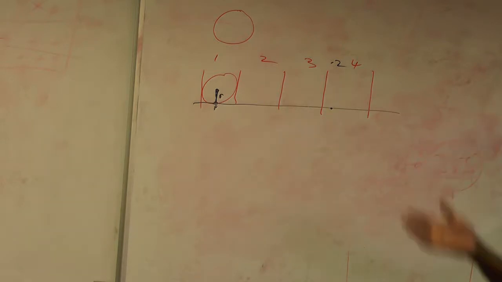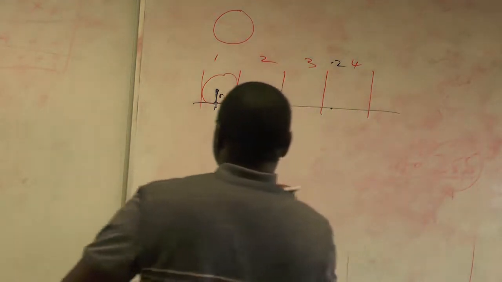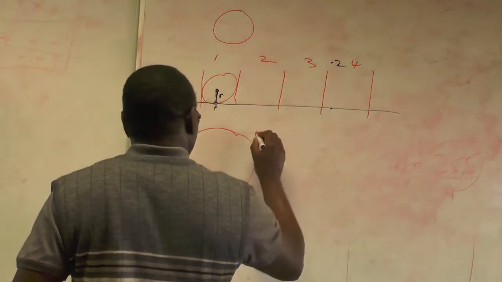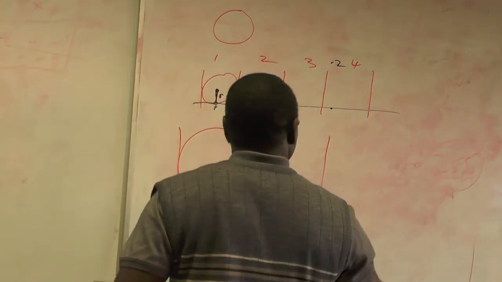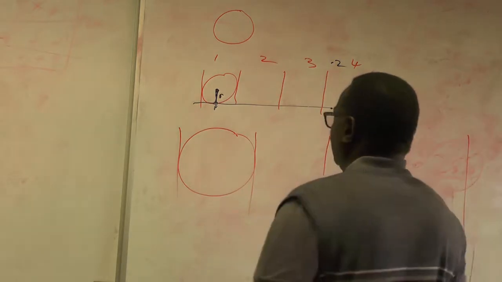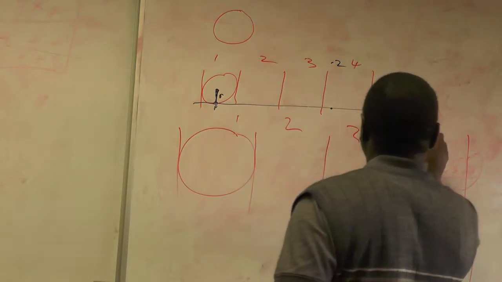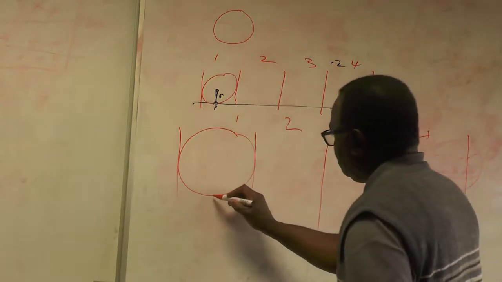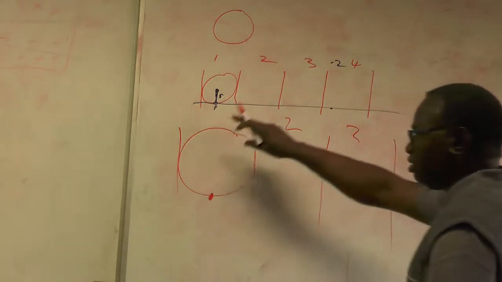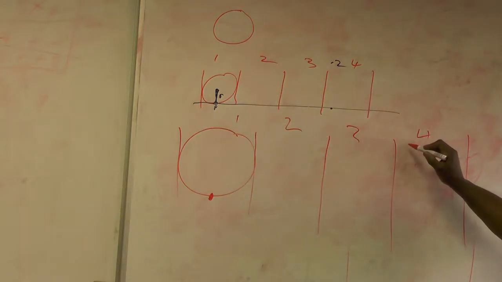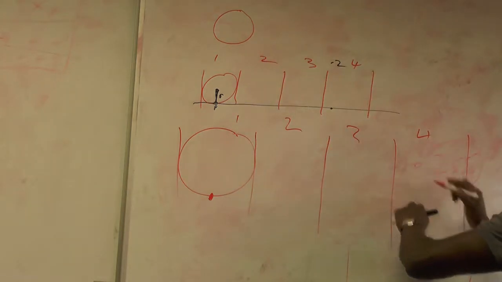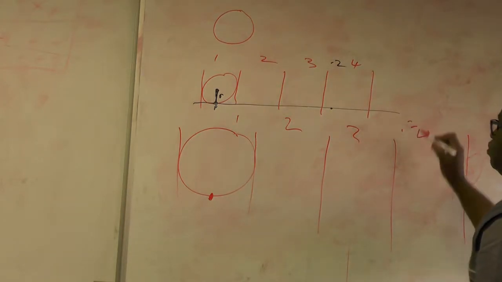You choose whatever size, it doesn't matter. Let's make it bigger. Bigger size, that's it. 1, 2, 3, 4. Pick the point here. Roll it. It will come to rest. The same point will come back here at approximately 3.2.